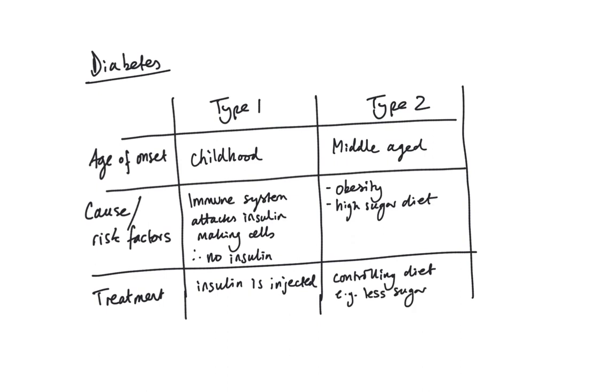Because it's not as if they don't have insulin. It's just that the insulin is no longer effective. So they can still make insulin. It's just not having any effect anymore.